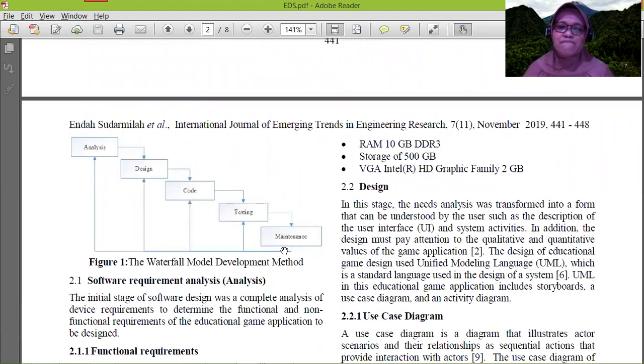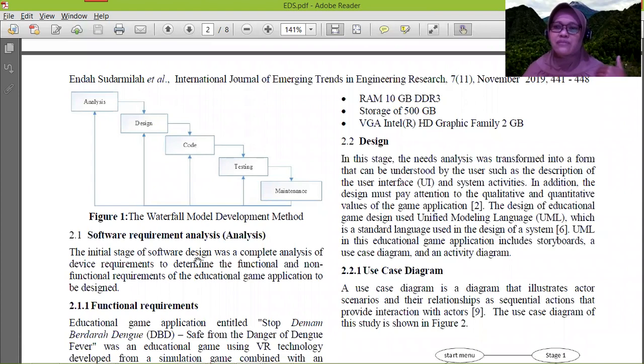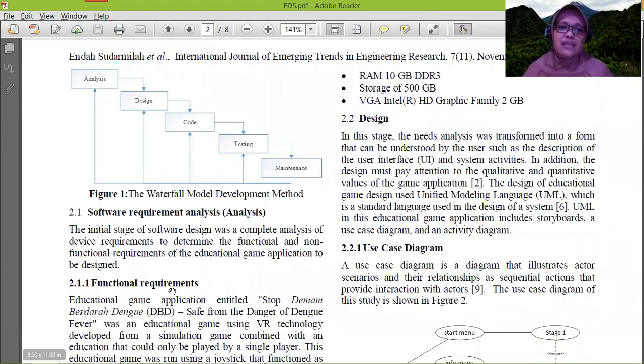So this feature will guide us in how to tell the reader how to carry out this research. This is analysis.